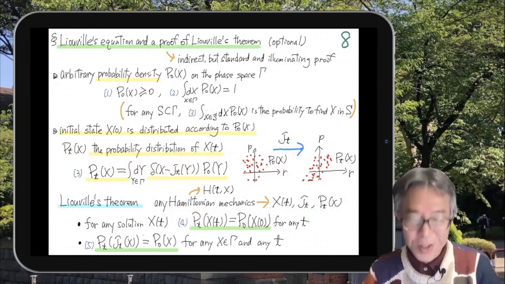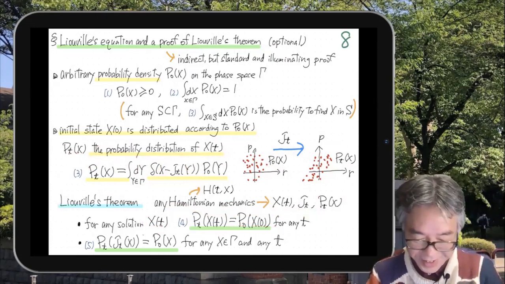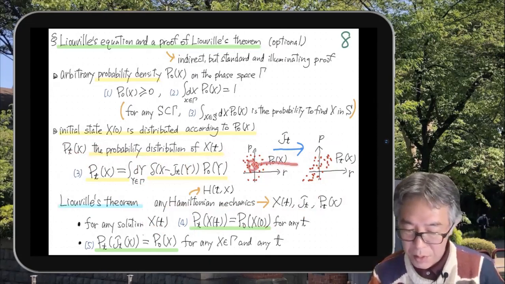This is an easy equation, but it's not easy to understand. So this says that the density around you is invariant. Suppose that you are here, and it's kind of dense. And if you go here, and you look at your neighbors and examine your density, again, it's the same. It's again high.